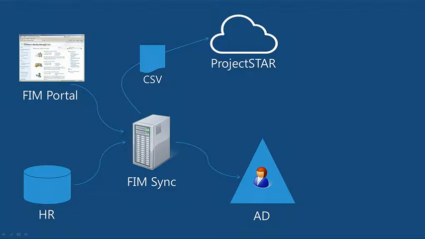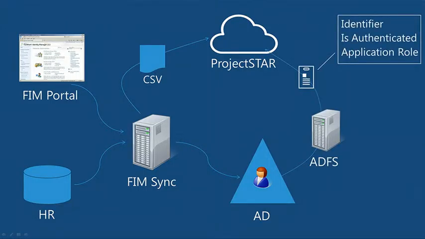I think in time we'll see more providers doing just-in-time provisioning purely based on the federation token. This is just for this example. I'm doing a synchronization as well as the federation token. The federation token is for the login, and all it's going to include is the identifier, whether they're authenticated in their home Active Directory, and most importantly, what application role they should have in the application.